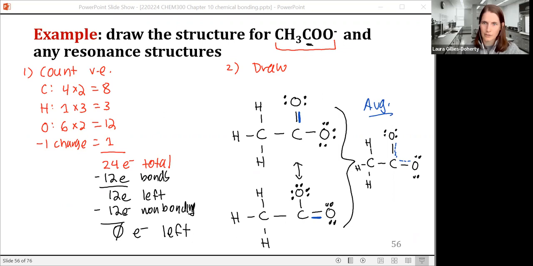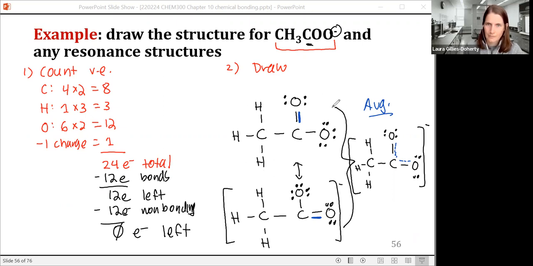The average. And because this is an ion, it has a -1 charge, your final structures need to go in brackets with a negative charge. These ones too. So we have 2 resonance structures, and then from those 2 resonance structures, we can make the average structure shown here.